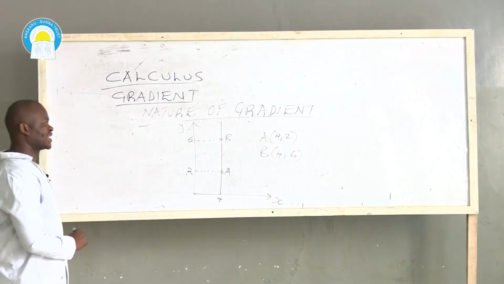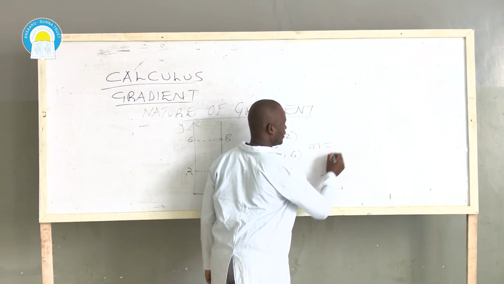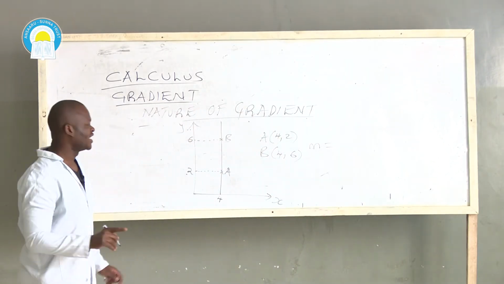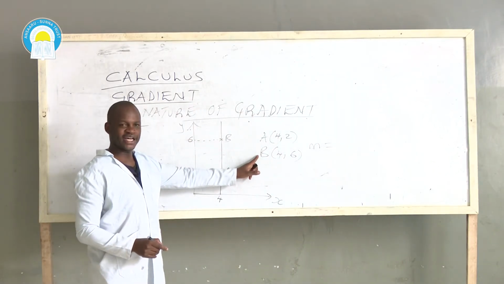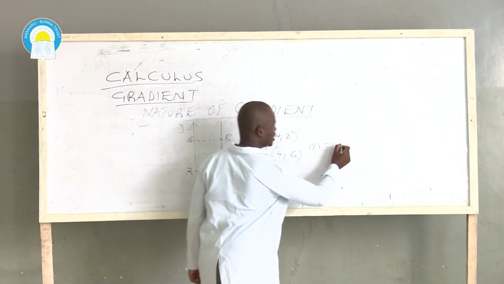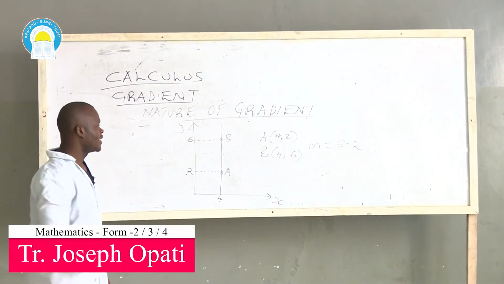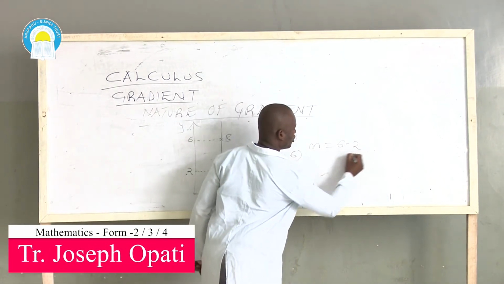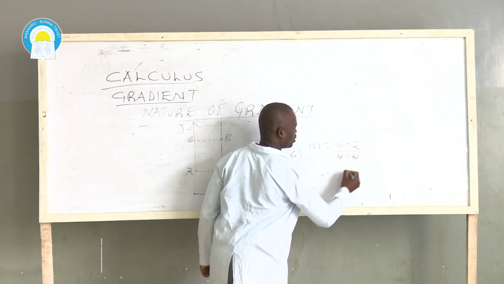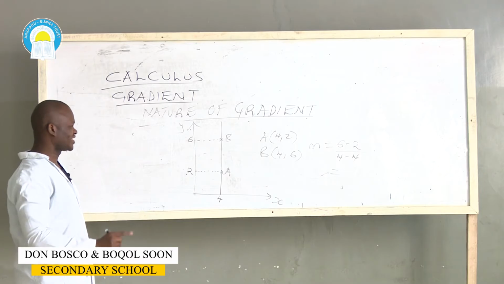Then we find the gradient. Gradient is always change in y over change in x. Let me begin with point B as, let's say, point 2. I'll have 6 minus 2 to give me what? The change in y. I will have 4 minus 4 to give me the change in, of course, x.